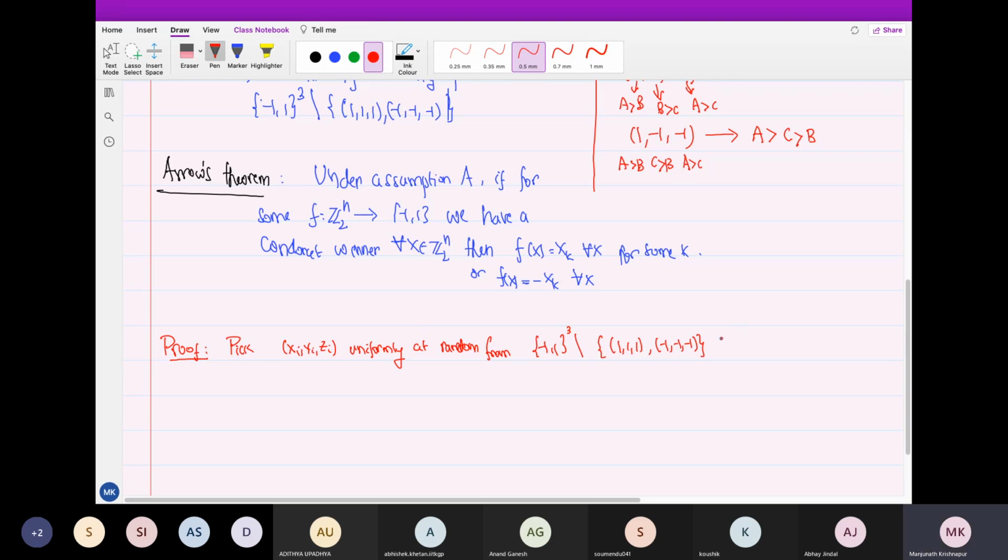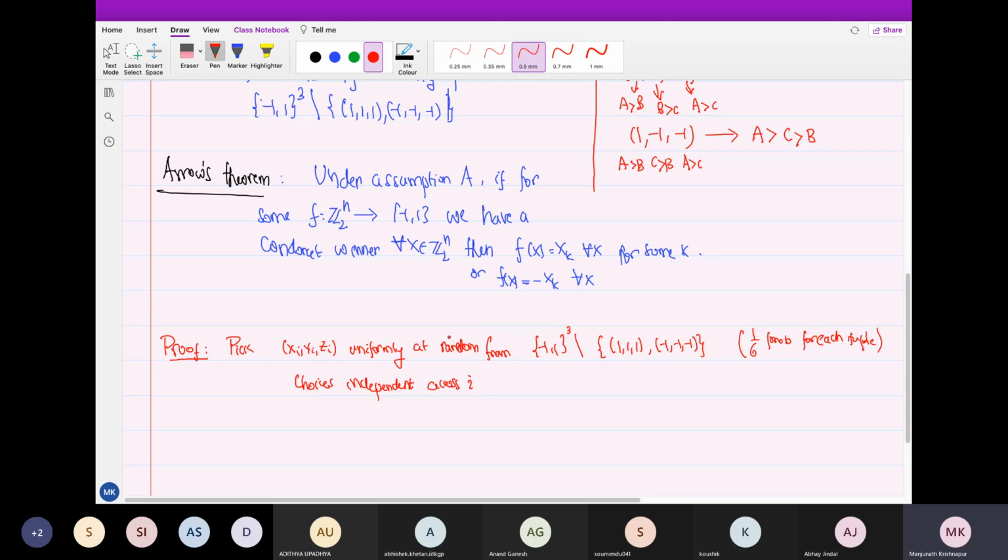Okay, so there are 6 possibilities. So there is 1/6 probability for each tuple. And independently, for different i, the choices are independent. For different i, we pick them independently.